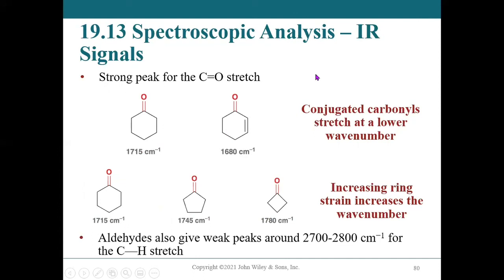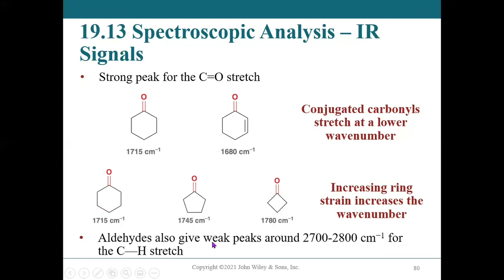Then we can see the spectroscopic analysis for aldehydes and ketones, and we will have a strong peak for the C=O stretching in the IR spectra. If we have conjugation, the conjugated carbonyl stretch will be at a lower frequency or wave number. Increasing ring strain increases the wave number. So for the cyclic ketones, 6-membered ring, 5-membered ring and 4-membered ring, we can see the wave number or frequency increases from 6 to 4.